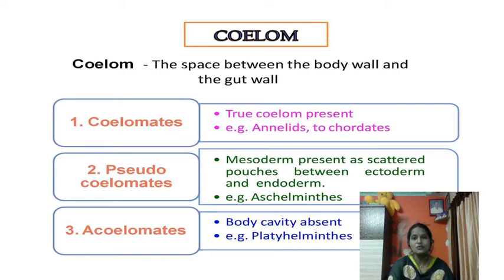Pseudocoelomates, that means mesoderm is present in the form of scattered pouches between ectoderm and endoderm. So Aschelminthes are pseudocoelomate animals. And the third type is acoelomate organisms. Coelom cavity is not present. Body cavity is absent. Platyhelminthes are acoelomate organisms.